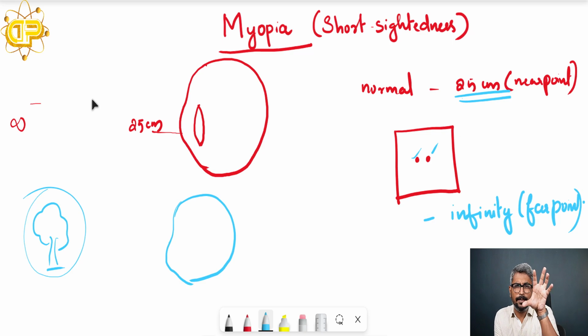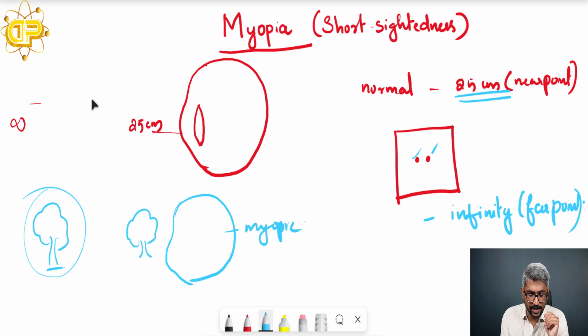Instead you will get a blurred image. So this man with a myopic eye will clearly see the nearby object, but this tree in a blurred way. This condition is known as myopia.